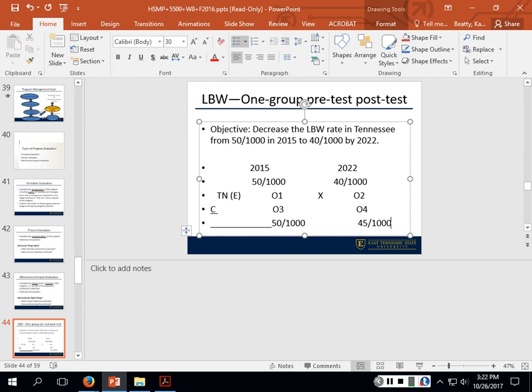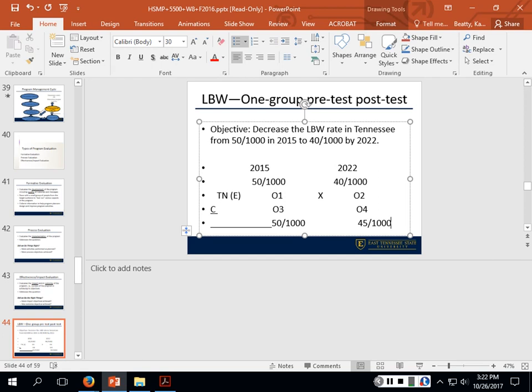How much of the decline in low birth weight rate in Tennessee can we actually attribute to our intervention? 5 per 1,000, right? Because in the state that did not receive our intervention, there was a decline from 50 to 45 per 1,000 without our efforts. Okay, due again to whatever was happening in the national or regional environment at that time.